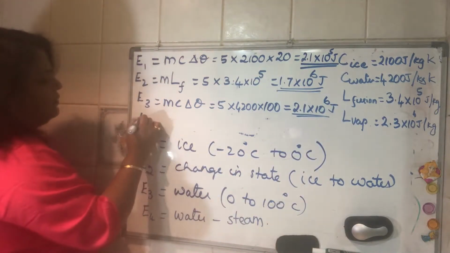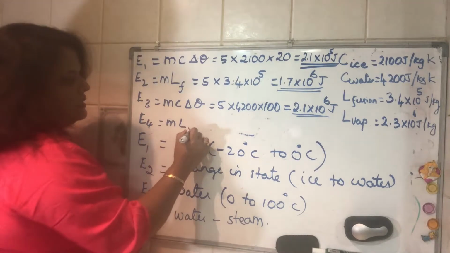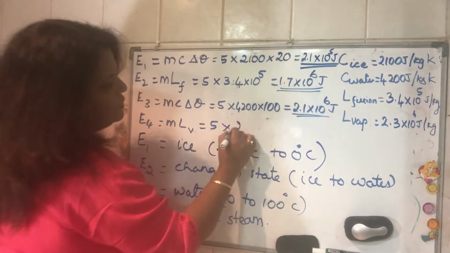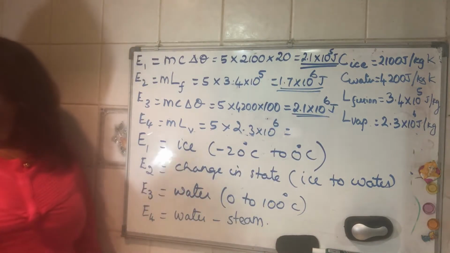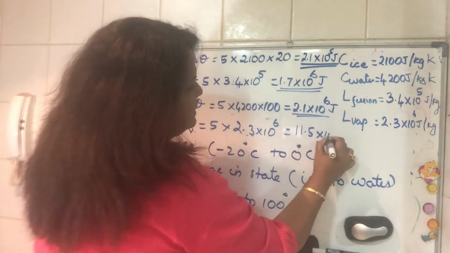Right? Now E4 is again m into L, but here it's not fusion, it is the latent heat of vaporization. So 5 multiplied by the vaporization value, 2.3 into 10 to the power of 6, and you get 11.5 into 10 to the power of 6 joules.